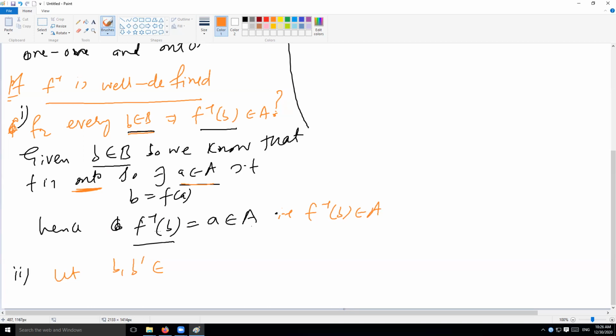Now let's think about the second condition. Let's say that b and b prime are from B such that b is equal to b prime. What we need to prove is that f inverse of b is equal to f inverse of b prime.